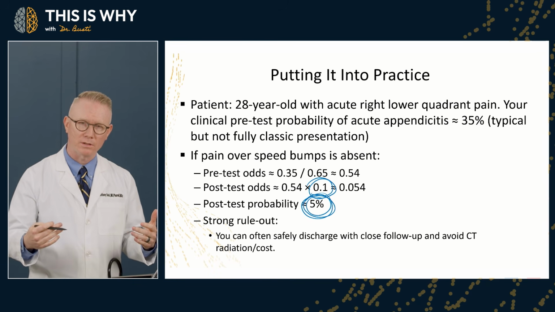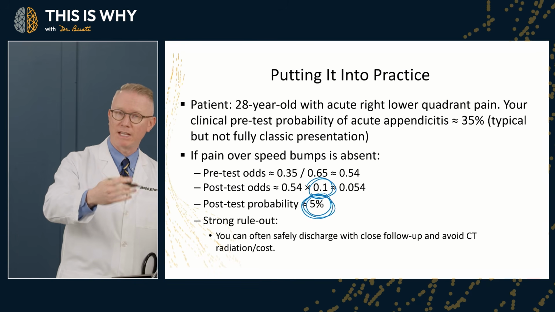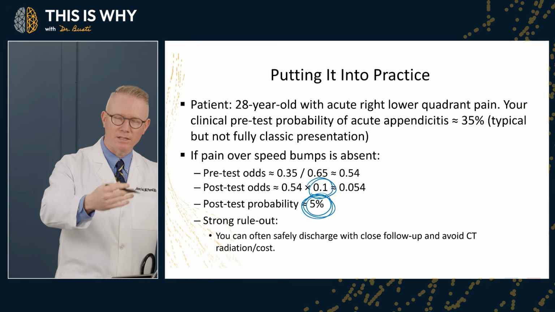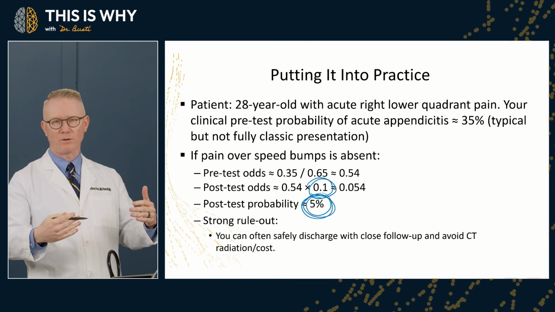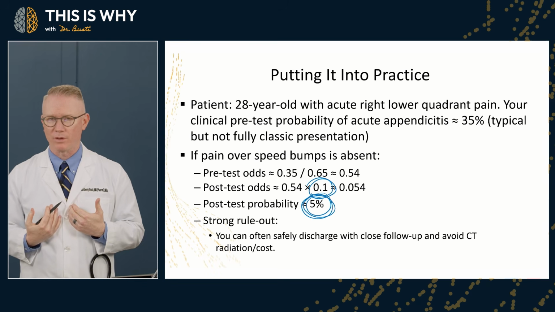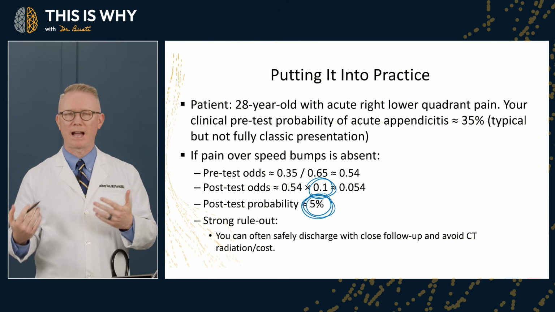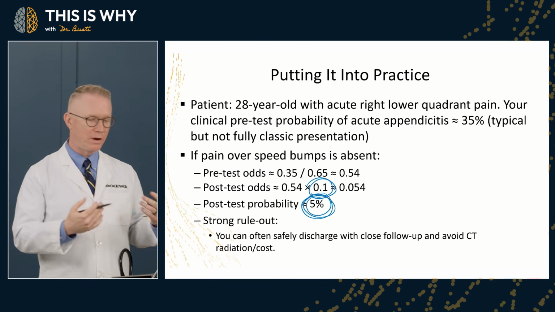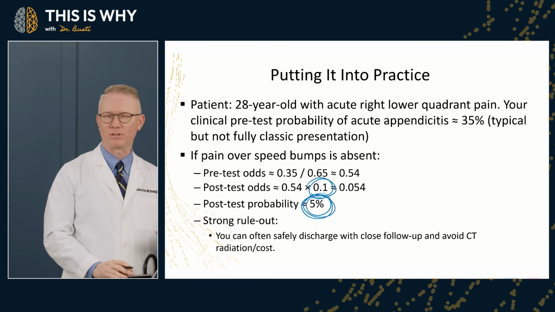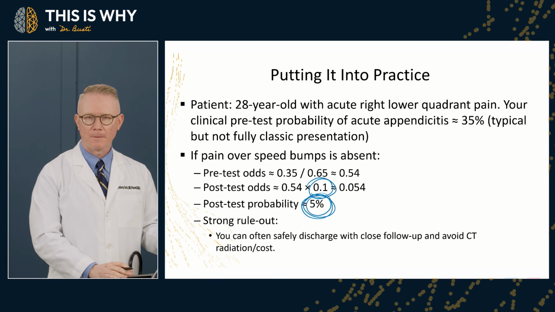Do you see how that worked? One increased my post-test probability when they did have abdominal pain, positive likelihood ratio, and the negative likelihood ratio, if it came back negative, they don't have it, it actually helped me further. And that's what a likelihood ratio is supposed to guide you with, whether or not you do a test. Now, I asked a question in this case about, do you have pain over a speed bump?